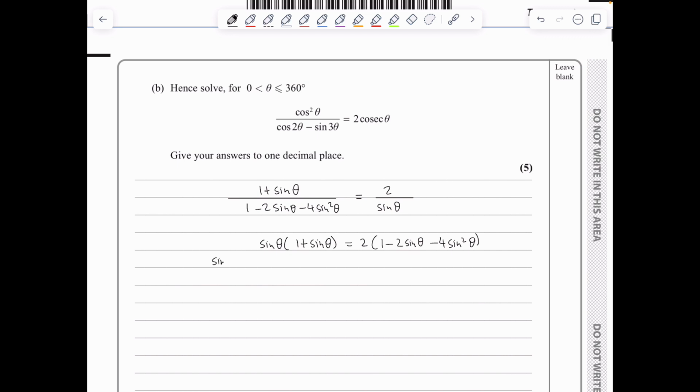I will expand to get sine theta plus sine squared theta is equal to 2 minus 4 sine theta minus 8 sine squared theta, and I will collect everything on the left hand side to get 9 sine squared theta plus 5 sine theta minus 2 is equal to 0.